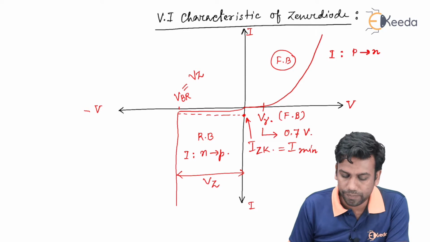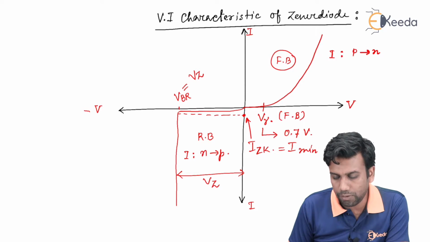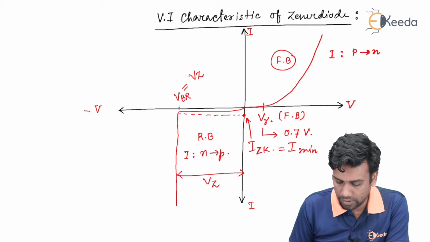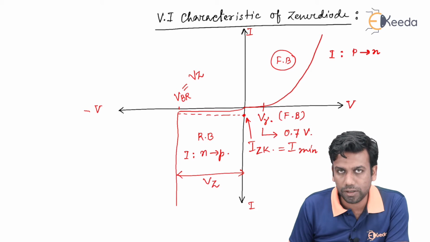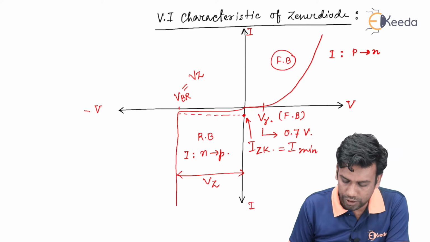Now, let us see what is the amount of resistance that this Zener diode has during its operation, that is the dynamic resistance of the Zener diode.